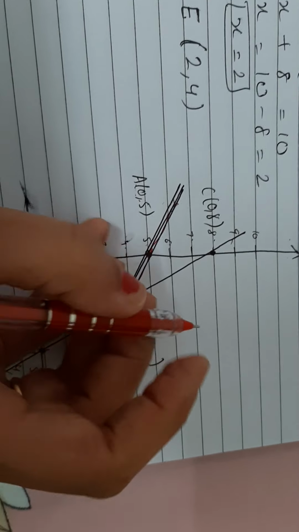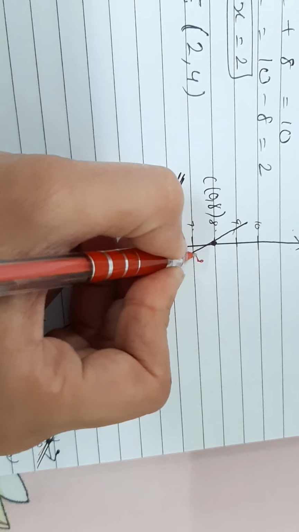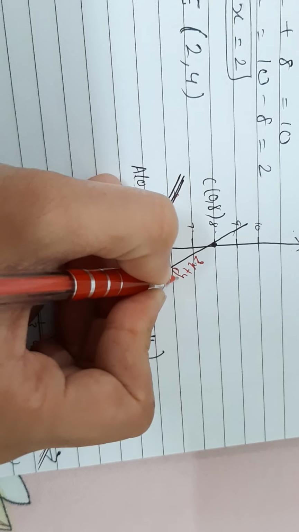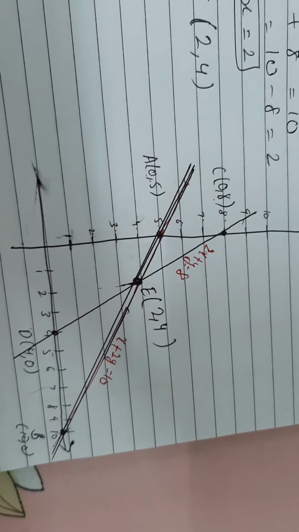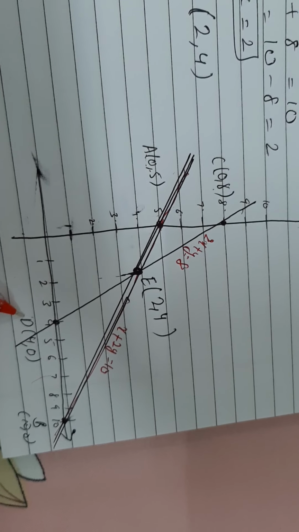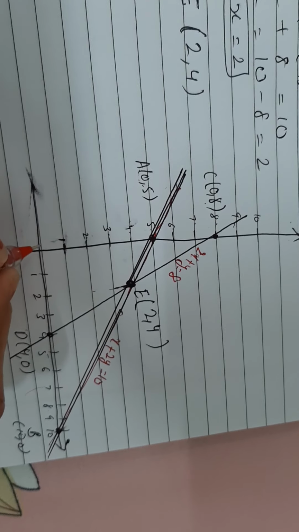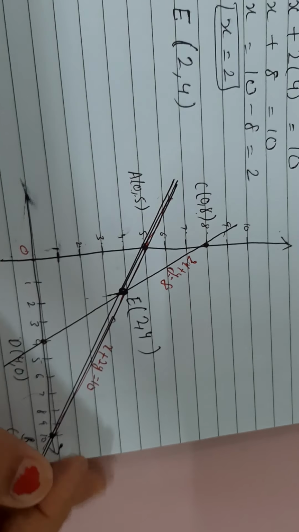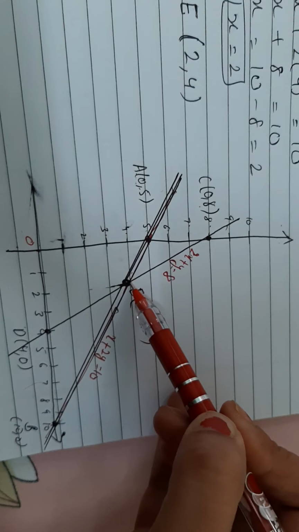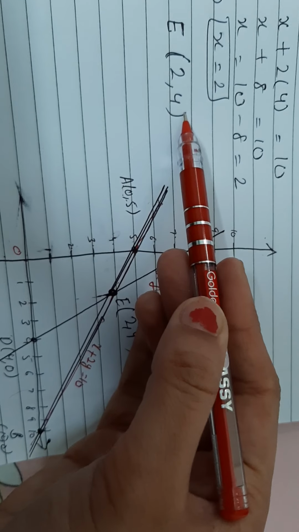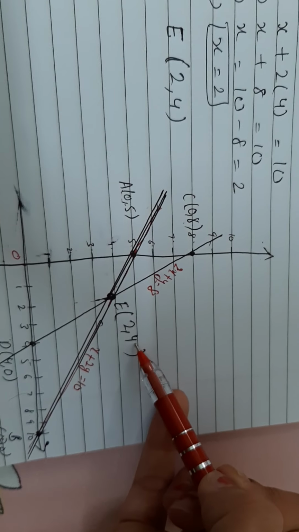And the second line is 2x plus y equals 8. This is your second line. C point is (0, 8), and D point is (4, 0). Now you can see these two lines are intersecting at one point. This point we have found here, (2, 4).